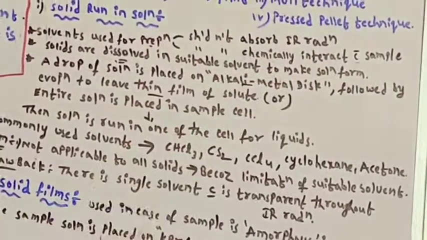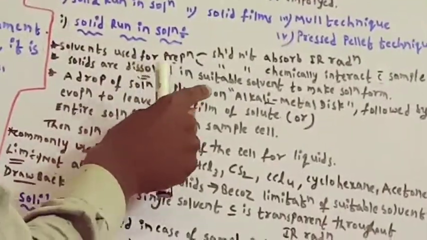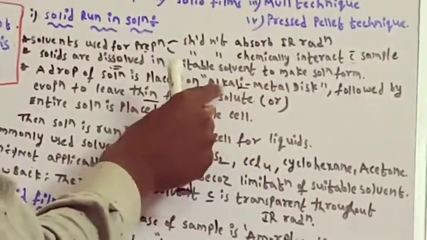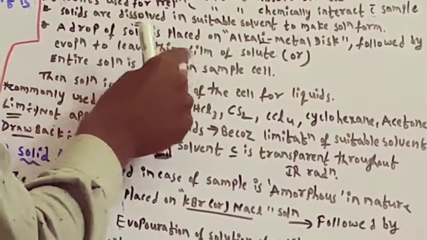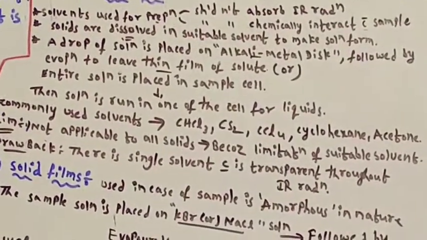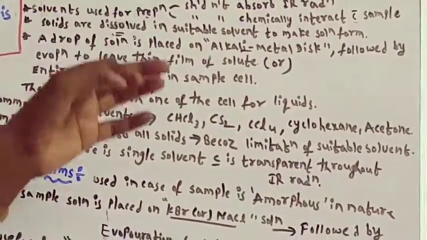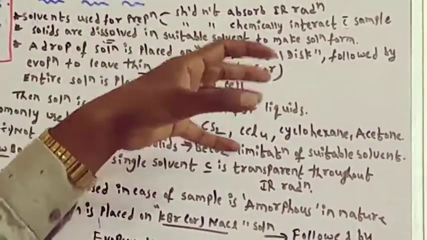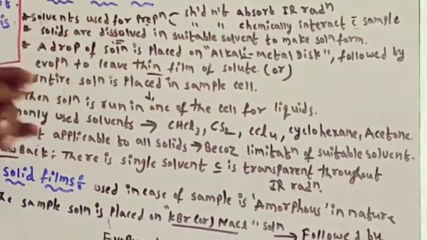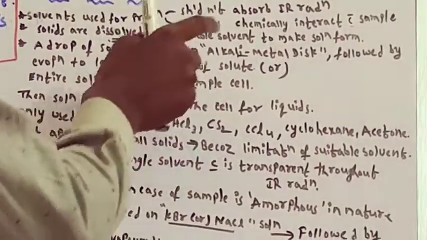We have to choose a suitable solvent for dissolving the solid. Then a drop of the solution is placed on an alkali metal disc, followed by evaporation, leaving a thin film of solute.